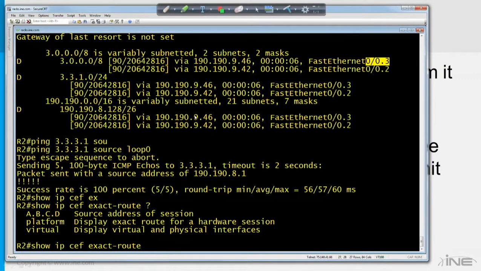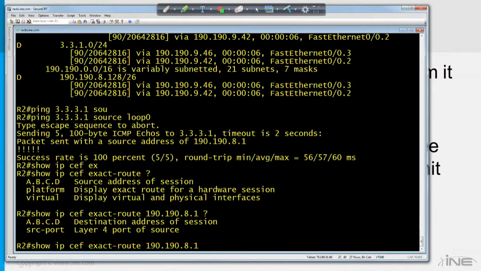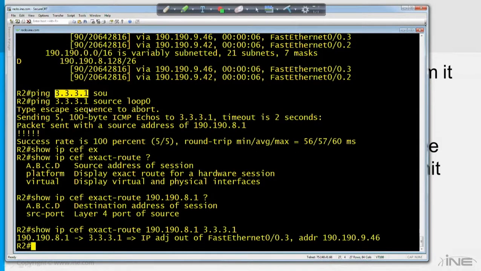So loopback 0 would be 190.198.1. That's what it's using on its loopback. And then the destination, and I can just copy that right here. And it tells me it would go out FastEthernet 0/0.3.